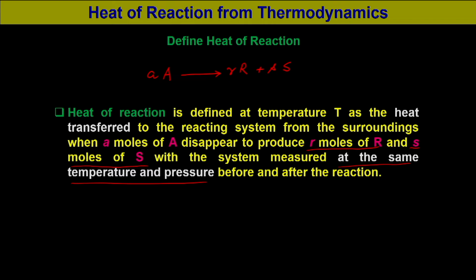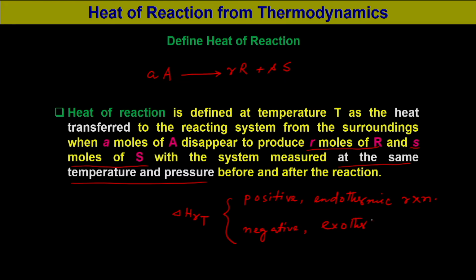So, we can write for this reaction delta H R at a temperature T, this is generally positive for endothermic reaction, and this is negative for exothermic reaction.